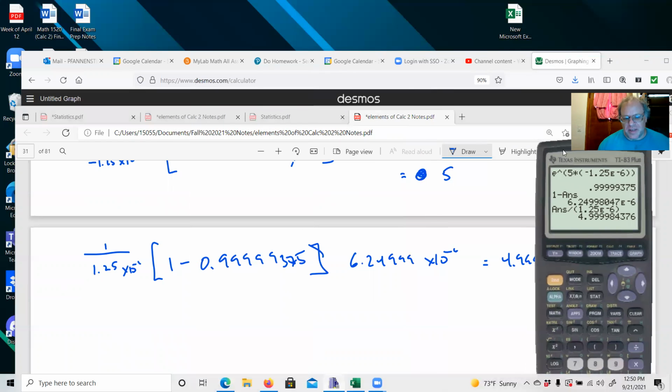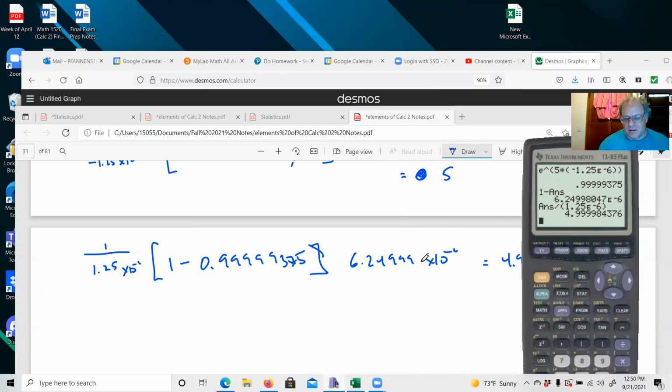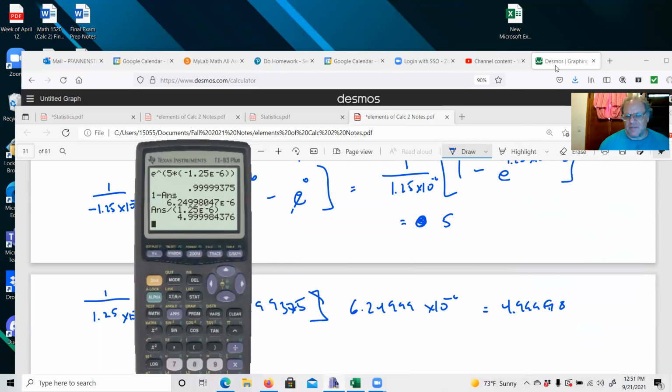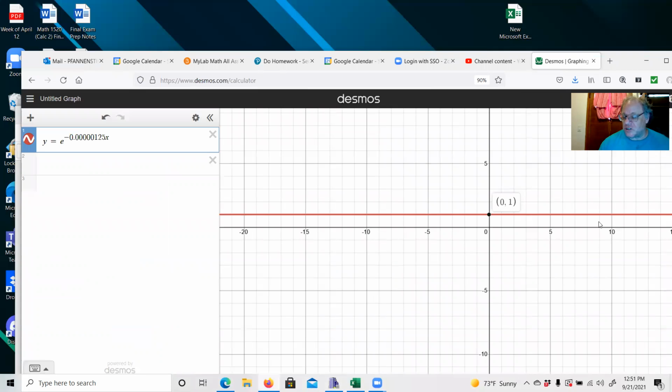We can do the same thing when we don't have 5. We have 40, we have 200. So that's what they want you to do with this. I recommend graphing it first to get an idea of what you should expect. If I put it at 10, we should get a rectangle that's about 10, a little bit less, but for the most part close to 10.